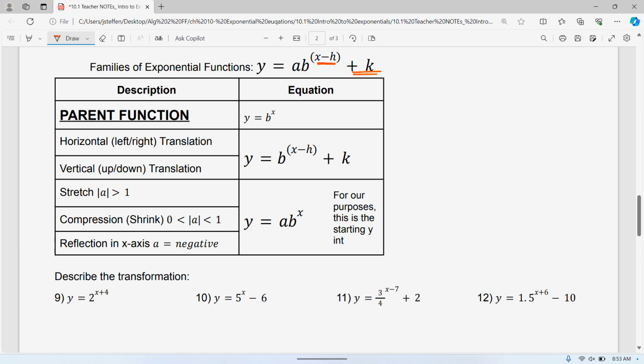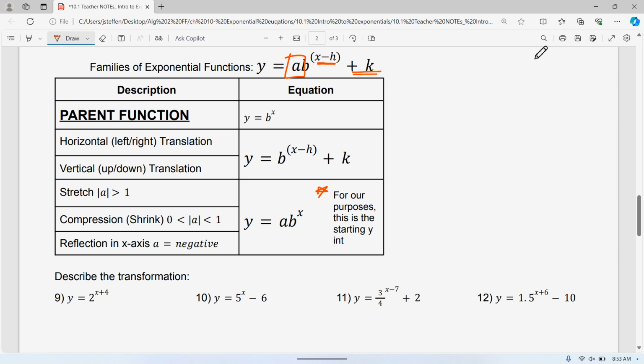Then in front, we have the stretch or compression. But again, that stretch or compression, for our purposes, I just say it's the y-intercept. And I promise you, and I probably shouldn't give you this information, the transformation, put any stretches or compressions on there. Talk about that with some other functions. For me, the stretch and compression part is going to come when we do the graphing.